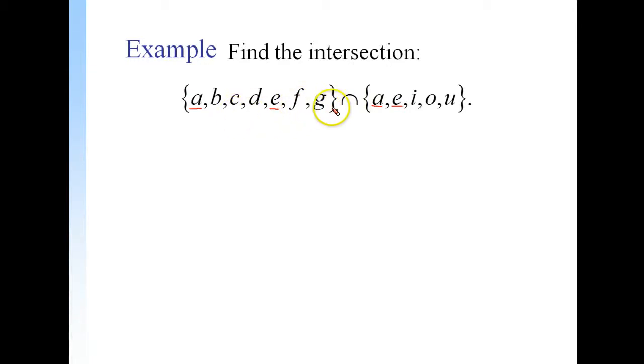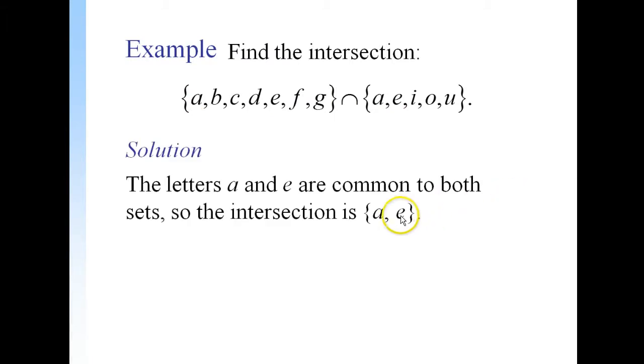So the only members then that would be an intersection between these two are A and E. And we write it in roster notation.